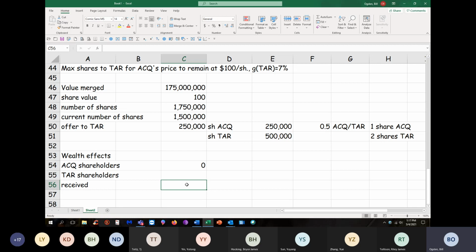They received 250,000 shares, which will trade at a value of $100 per share. That was the goal of this. Correct?